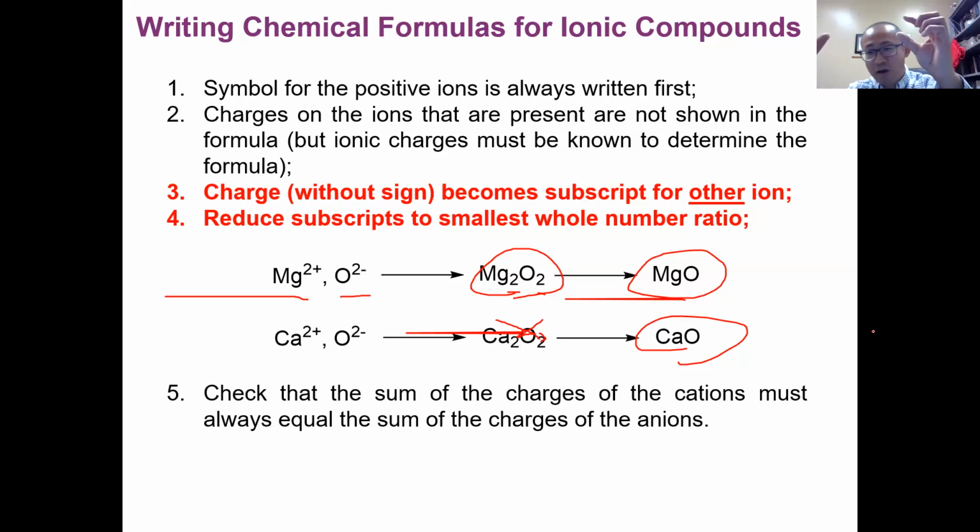Magnesium plus 2, oxygen minus 2. 2 and 2, they're equal. Adding together should be 0 because one is plus, one is negative. So you can always double check. But again, if you follow these 4 steps, especially know the charge correctly, do the cross, you will always get the correct formula. Sometimes you don't have to check if you follow these 4 steps.